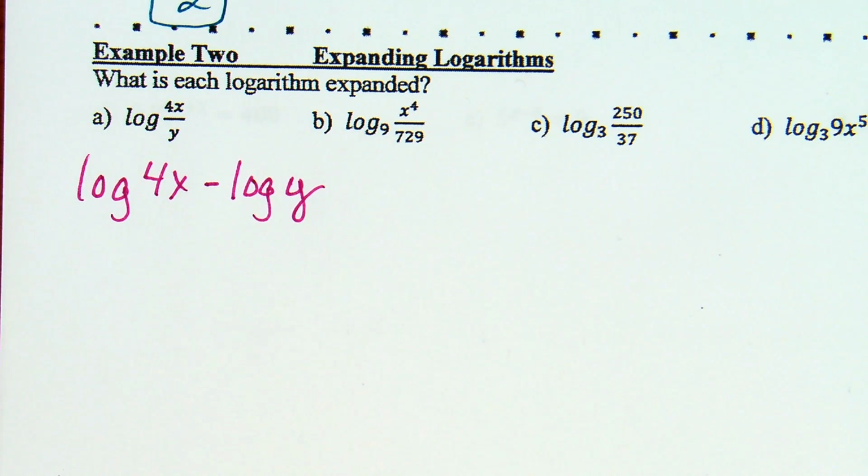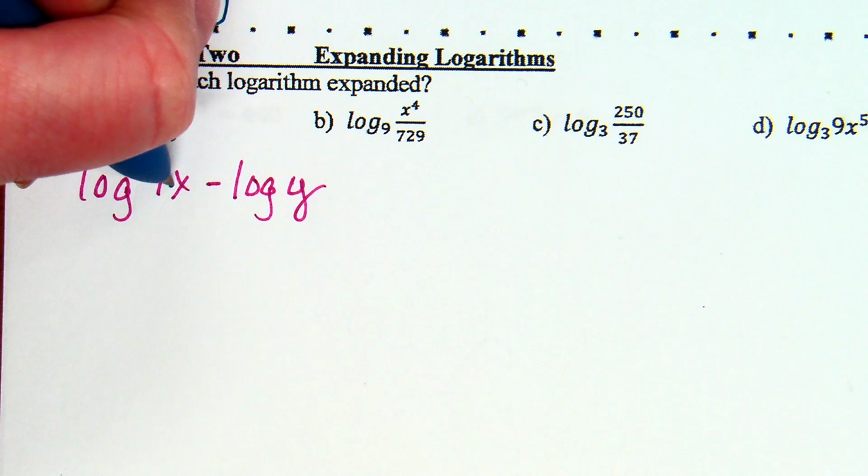Now, I'm looking for another step. What's another property that we could use somewhere in here? You can use the power. I don't see any powers to use the power property, but do you see a product? What do you know about 4x? 4x is 4 times x, right?